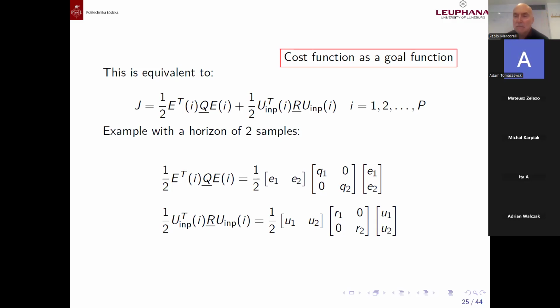That could be at the second microsecond of my horizon, instead of later, because I'm more interested in minimizing what happens close to my time horizon. Of course, it's just a concept. It's not necessarily so.